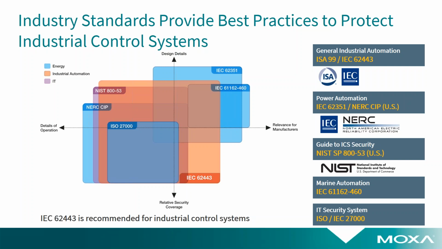In power automation, NERC-CIP, we see pretty commonly. For critical infrastructure, the NIST 800 family of standards. And then marine has its own standards, as well as IT security, typically the ISO 27000 series. So we see a lot of these standards being referenced.